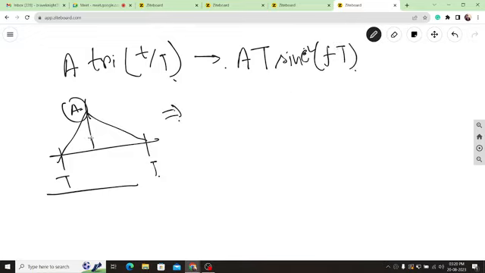Following this, the triangular wave function is also symmetric with respect to 0. So that x of minus f is equal to x of f. These two values are the same.